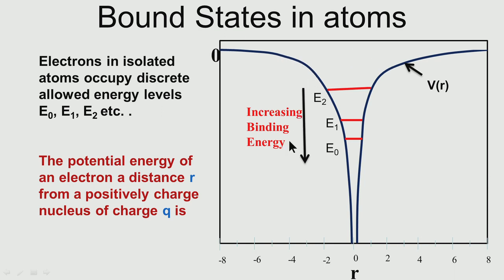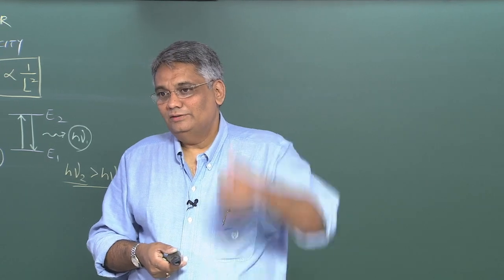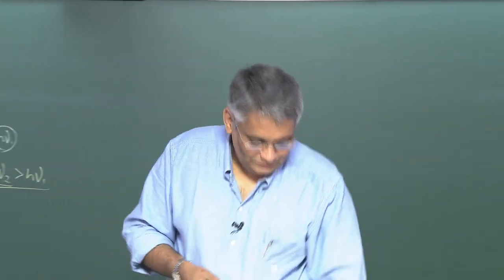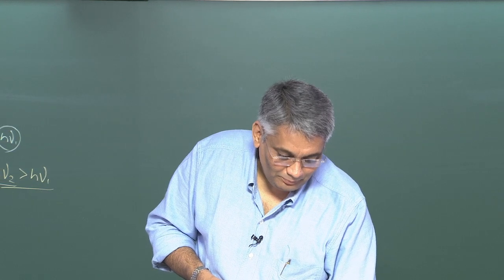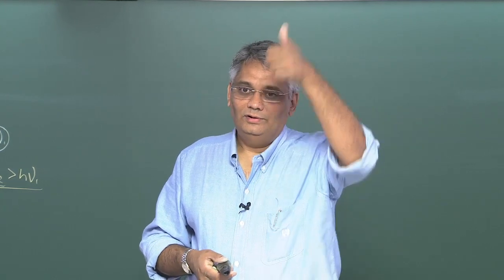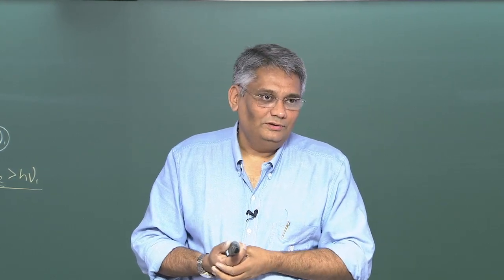So this is the increasing binding energy towards the core nucleus, and the kinetic energy of the electrons goes in the other way. So the electrons become more and more mobile for higher numbers of n.